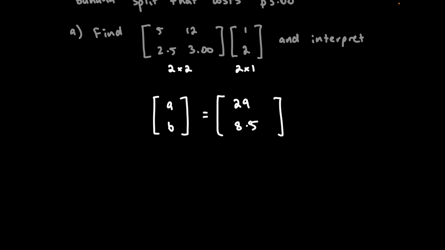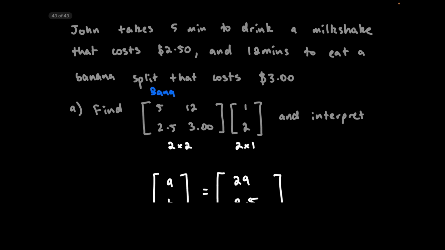So if I were to write it nicely, this means the first column in this matrix is referring to everything about the banana. Is it the banana? No, it's the milkshake. So this is to do with the milkshake. Okay, and we know the first column talks about both the time it takes to drink one and the cost of one milkshake.